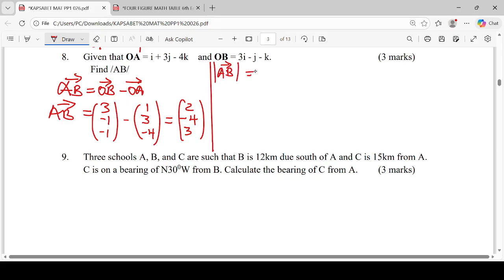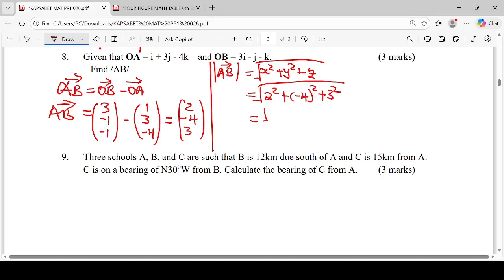So when you have AB this way, its magnitude is given by the square root of x squared plus y squared plus z squared if it has 3 dimensions. So this is like getting the square root of 2 squared plus -4 squared plus 3 squared.